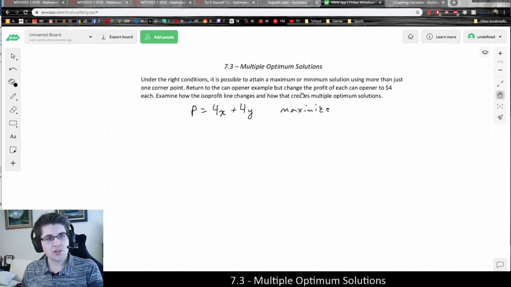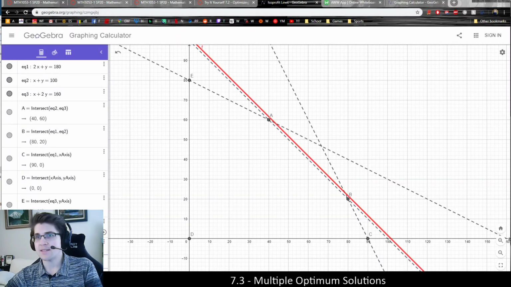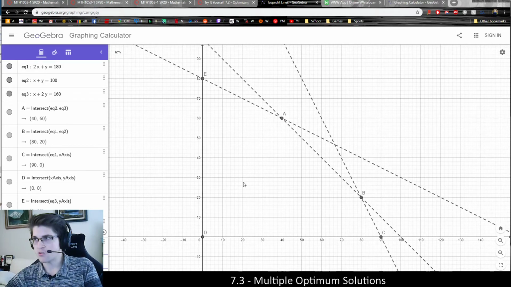What I wanted to show is that in this exact case, there's actually more than one possible outcome for the acceptable solution. We're looking at the same set of constraints, the same graph we had on page 300, where our feasible region is underneath all of the lines.